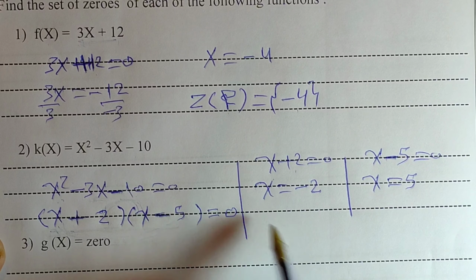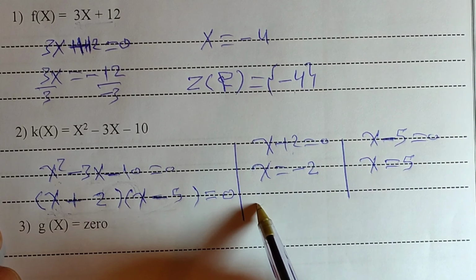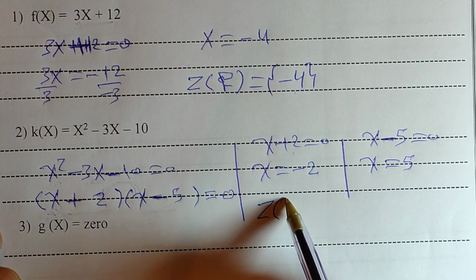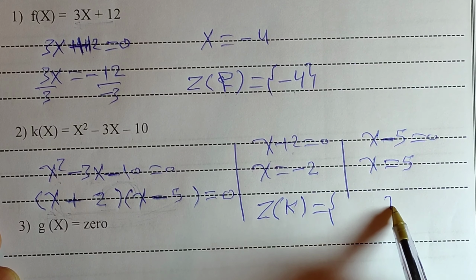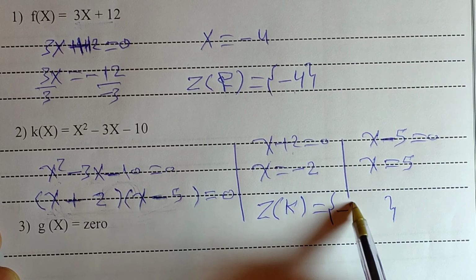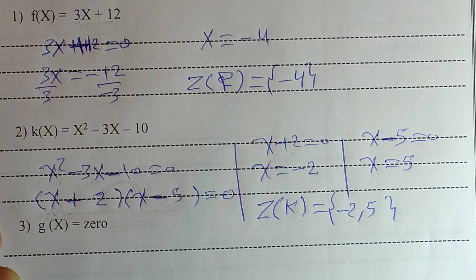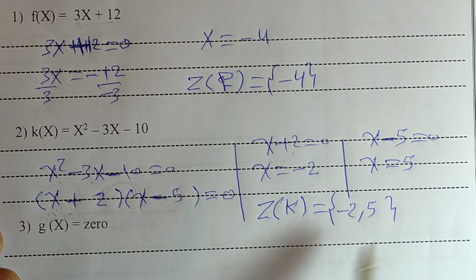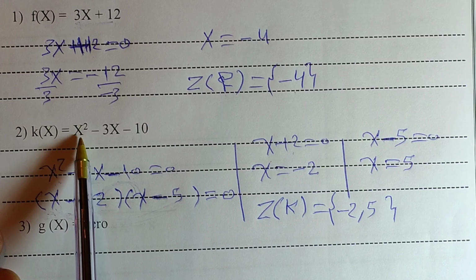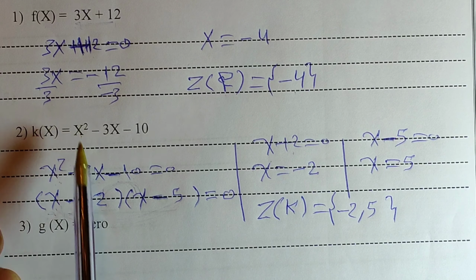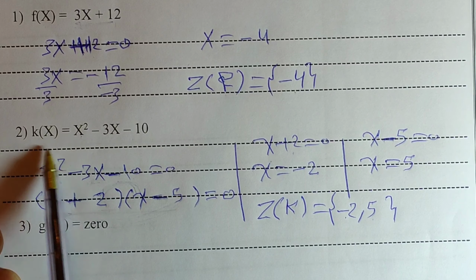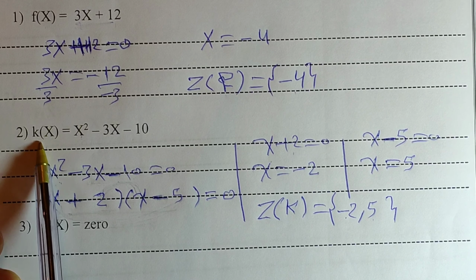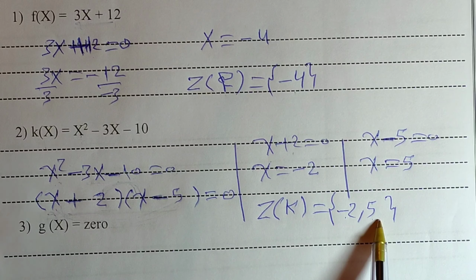This means that set of zeros of the function k, I mean z of k, equal the braces or the set negative 2 and 5. What does this mean? This means if you substitute x with this number negative 2 or this number 5, the answer here will be 0. This means the set of zeros of the function k equal negative 2 and 5.